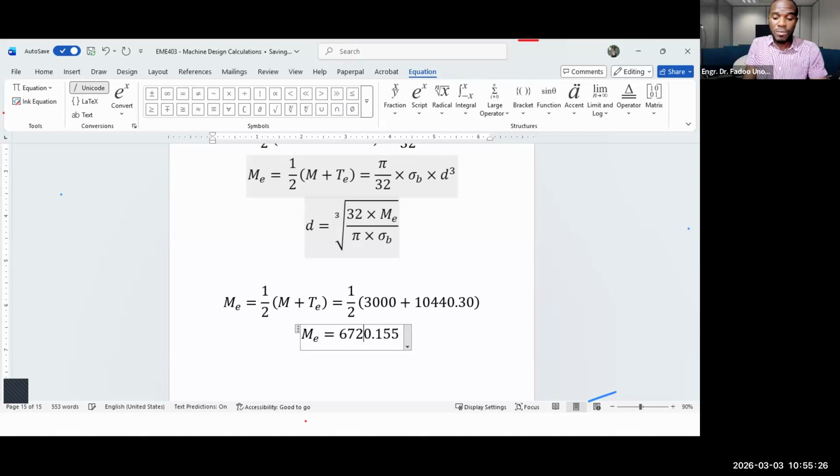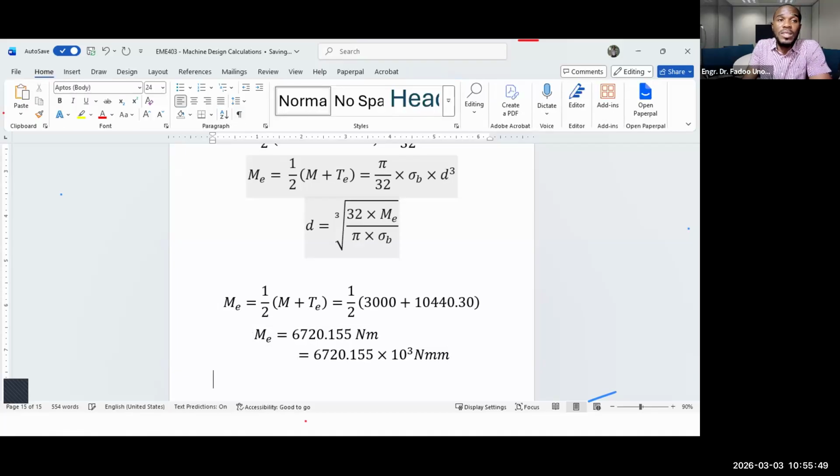Yes, sir. And this is in Newton meter. We can write this as 6720.155 times 10 raised to the power 3 in Newton millimeter, so that when we get our calculations, it's easier.